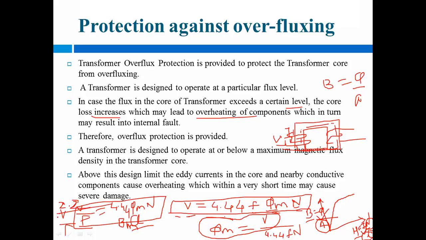PT will be the same, but as per the devices you are connecting, according to that, your level of that V by F ratio will change. Okay, it will change there.